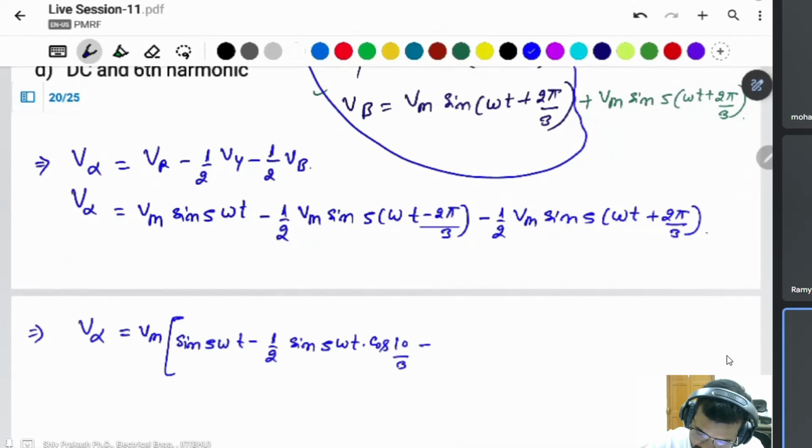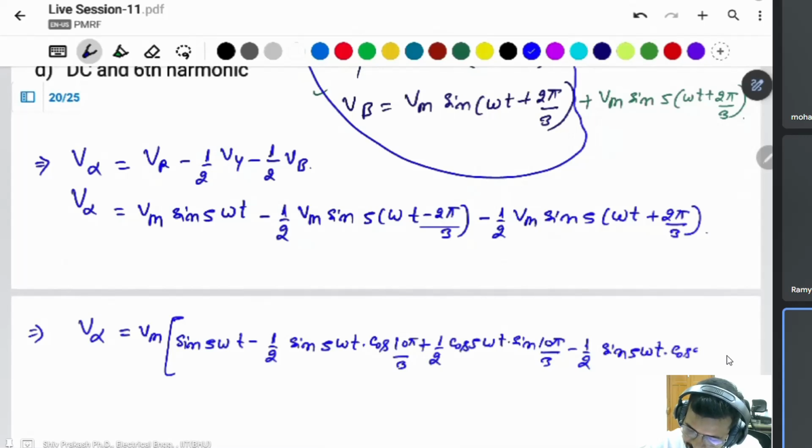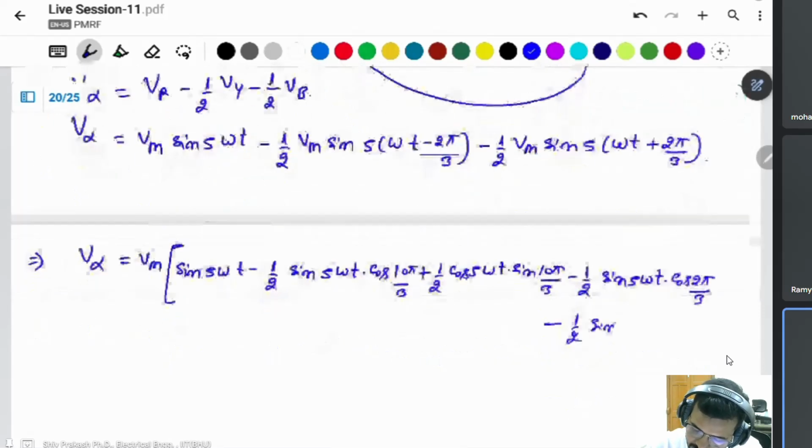Then minus will be positive half cos 5ωt into sin of 10π/3, then minus of half sin 5ωt cos of 2π/3, minus of half sin, oh sorry, cos.